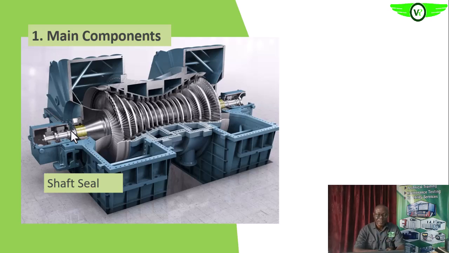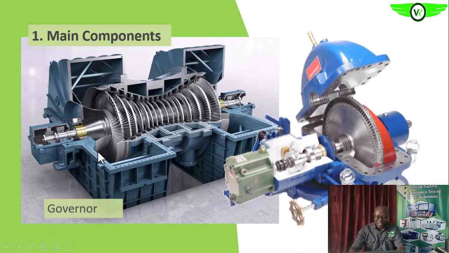Once air escapes into the turbine, that will definitely affect the efficiency of the steam turbine, because it will affect the condensation or the vacuum in this area. We will see all of those later as we go along.